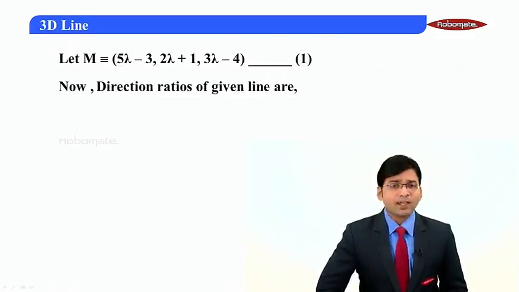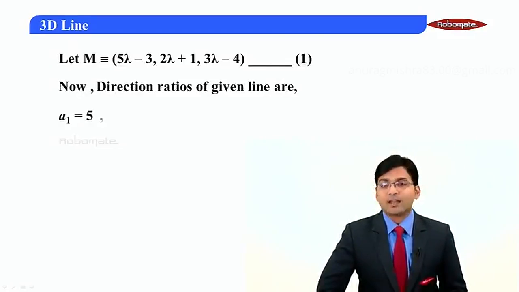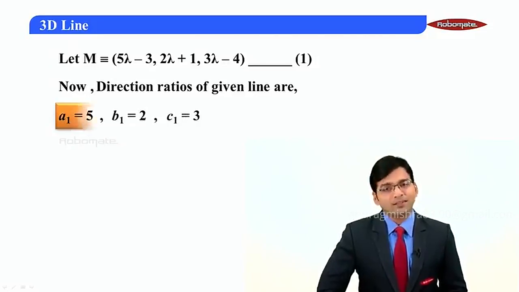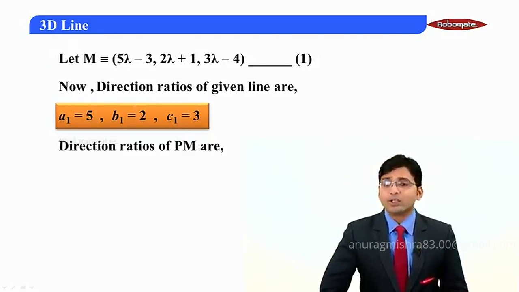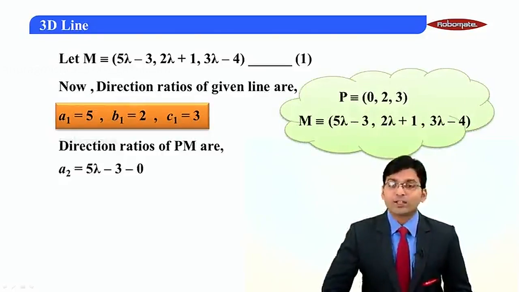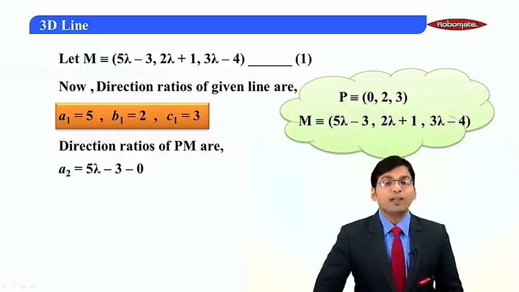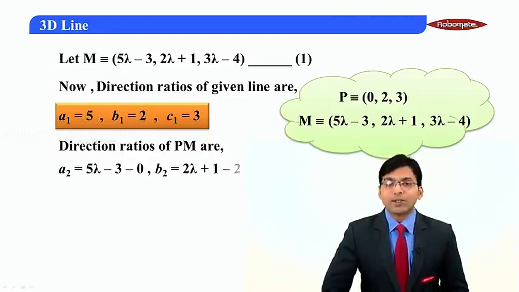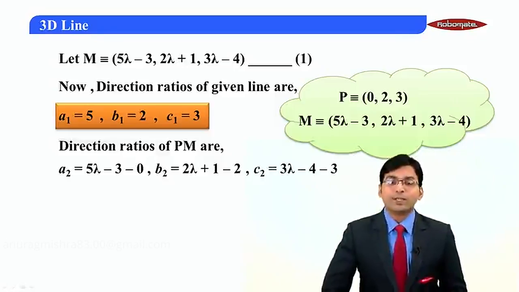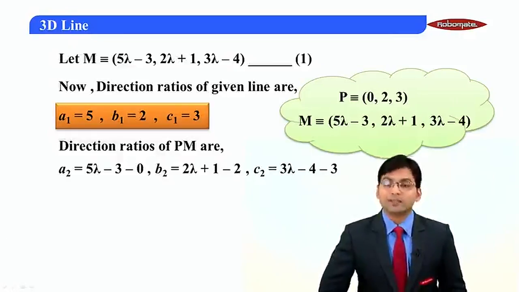Now the direction ratios of the given line are A1 is 5, B1 is 2 and C1 is 3. Now students, for the direction ratios of PM, we have P and M values. So the direction ratios are A2 is 5 lambda minus 3 minus 0, B2 is 2 lambda plus 1 minus 2, and C2 is 3 lambda minus 4 minus 3.